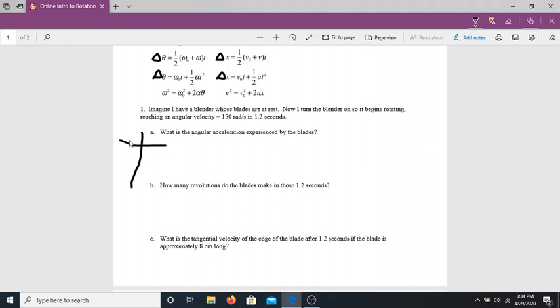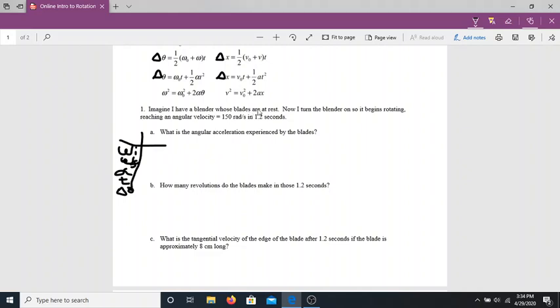Now, this kinematics chart is going to look something like this. So we have the starting velocity, final velocity, the angular acceleration, time, and delta theta, how many radians it's gone through. Now, we start by looking at what we know, just like we do for normal kinematics.